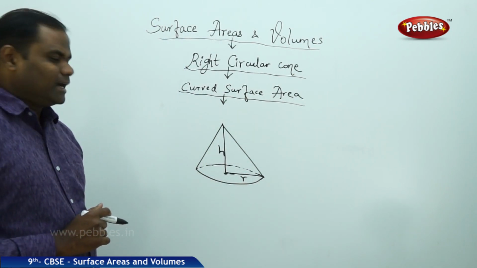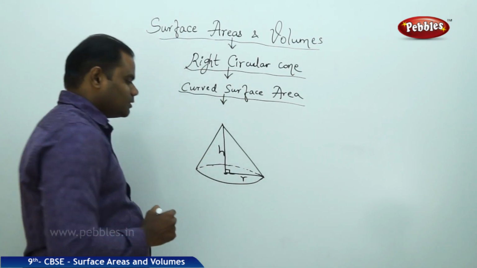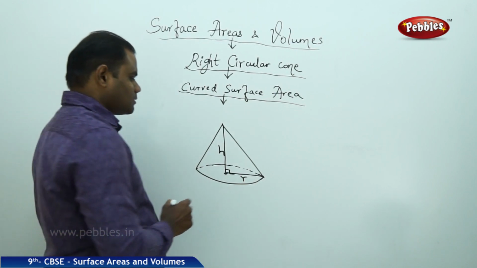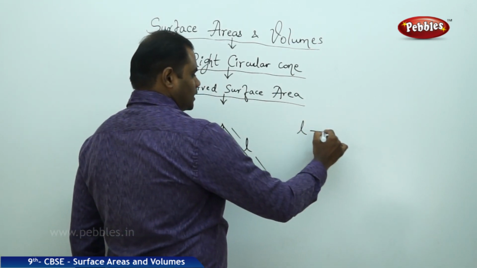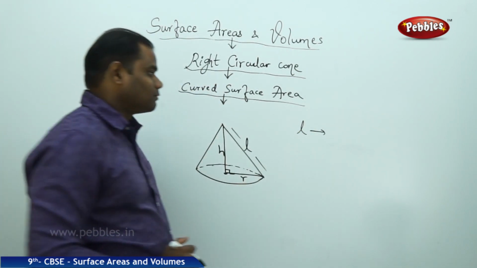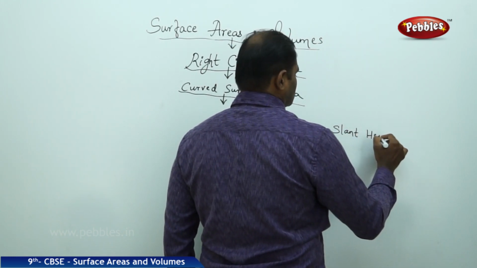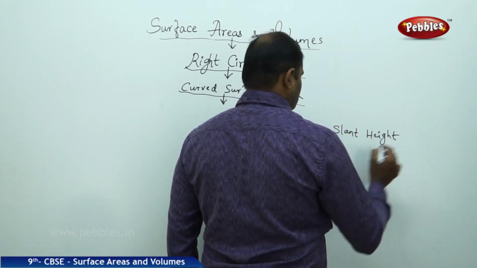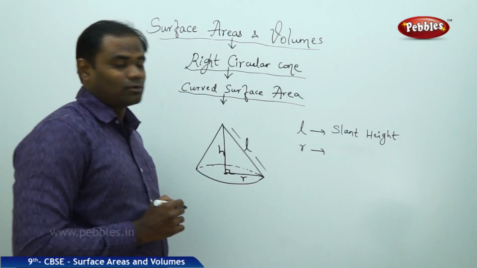Because it's a right circular cone, this is 90 degrees, and I have here the slant height L. So I have three different dimensions. L, which is called the slant height of the cone. R, which is called the radius of the cone.